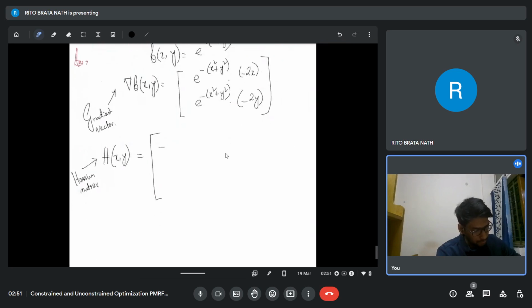The first term is minus 2x e^(-(x² + y²)) times minus 2x, plus 2 times e^(-(x² + y²)), which remains as it is. Then I have to take it with respect to y.